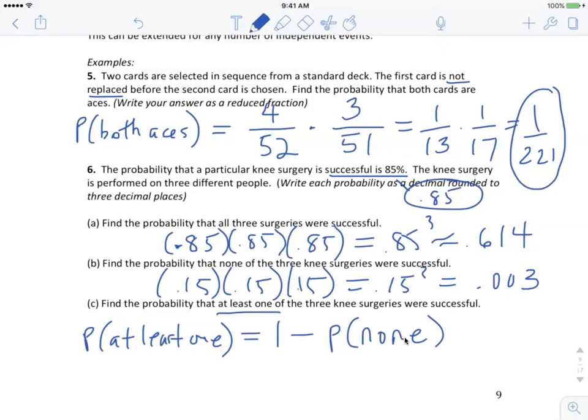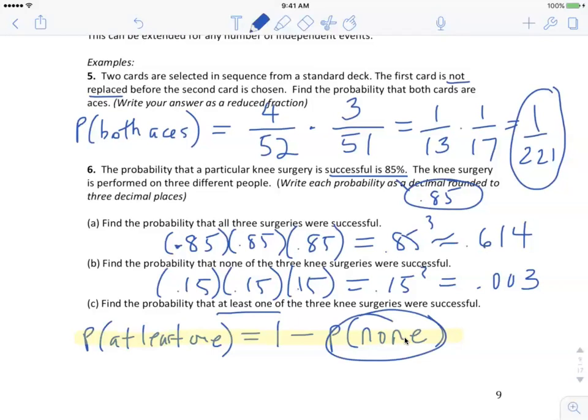Think of this as a little formula. I would use this a lot. Anytime you see "at least one" in these questions, do 1 minus the probability of none. In other words, you're finding the opposite of really what you want and then just subtracting it from 1 to get your answer.